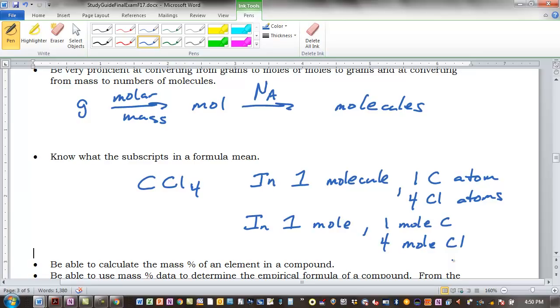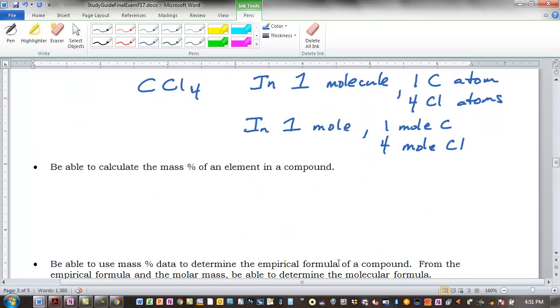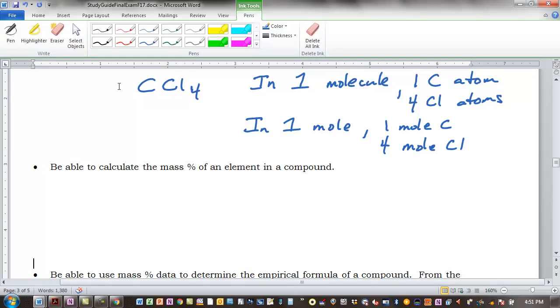All right. Next thing on the list, mass percent. Since we have carbon tetrachloride already up there, let's say we want the percent carbon in carbon tetrachloride, mass percent. How would we do that?